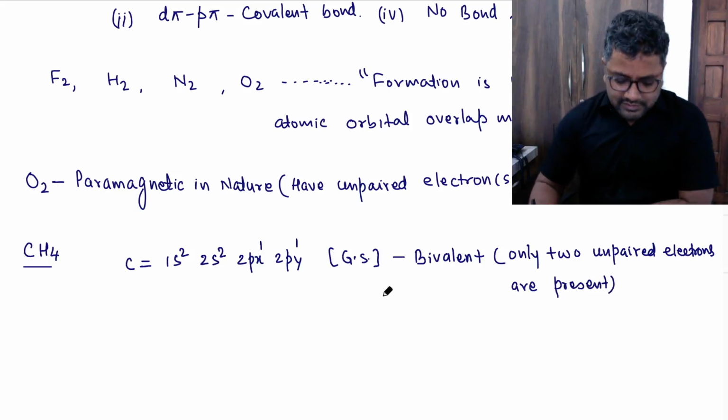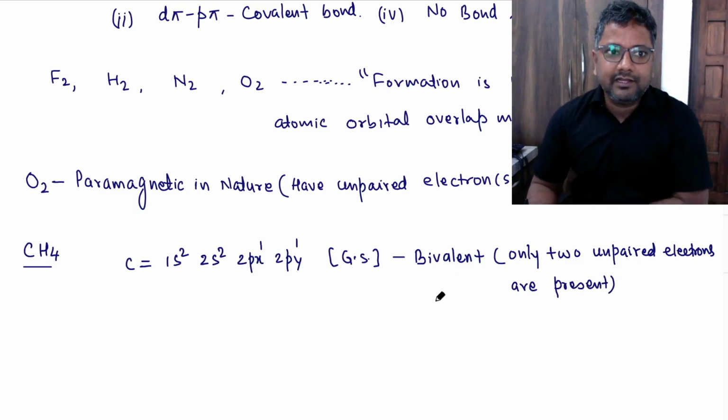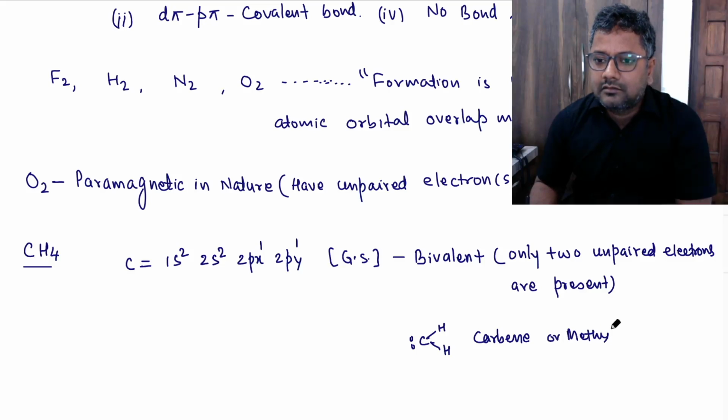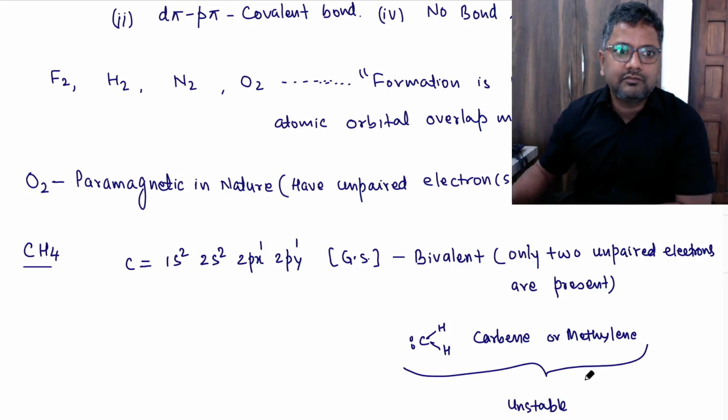So carbon is not a bivalent species, because no stable species is known in which carbon is bivalent. Okay, some species are known in which carbon is bivalent, like carbene or methylene. But it is unstable. Right?